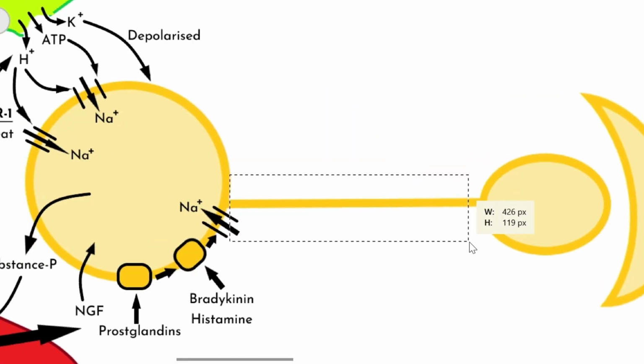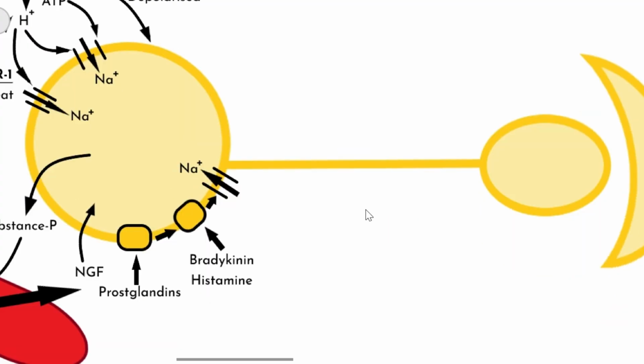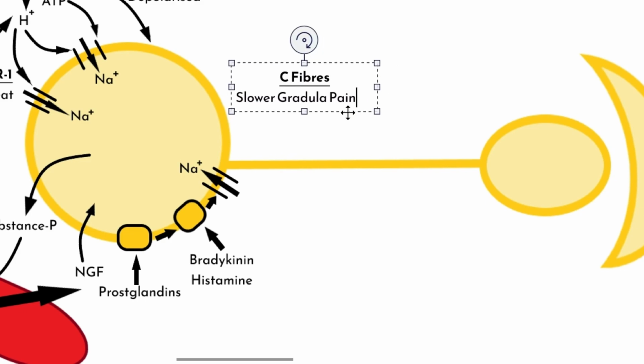This little tiny, very thin neuron. There's multiple different types. The main two types of this neuron are C fibers, which generally tend to deal with slower, more gradual pain. Say I was slowly pushing down on your skin and it was hurting over time.